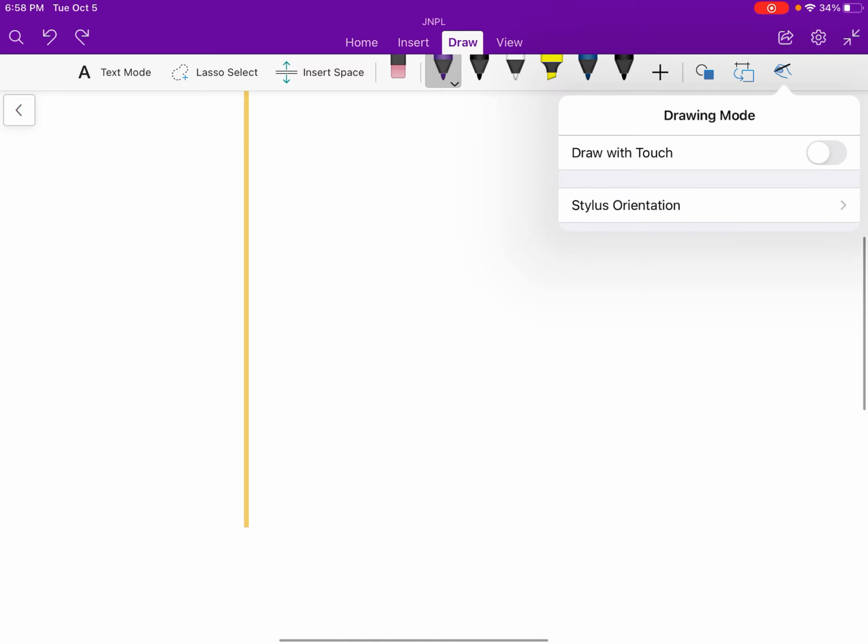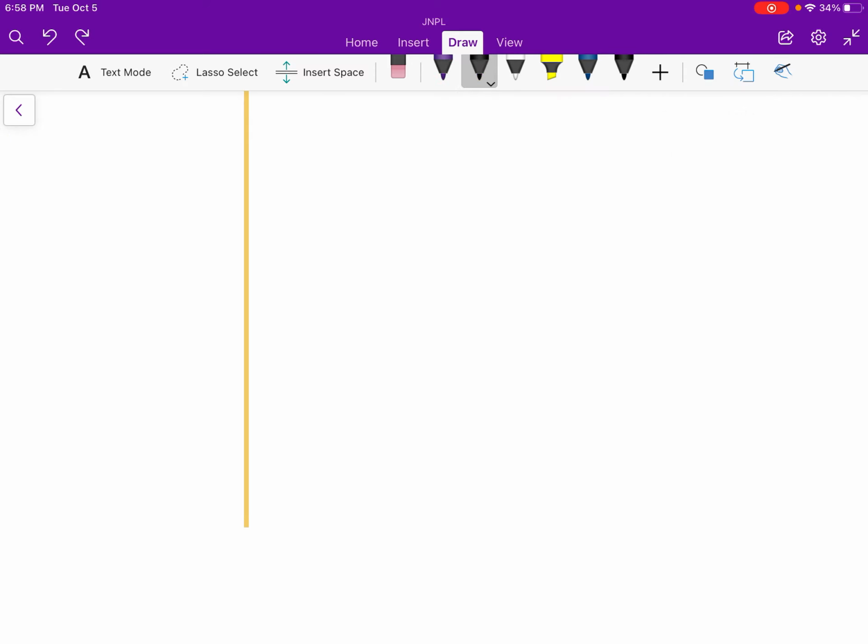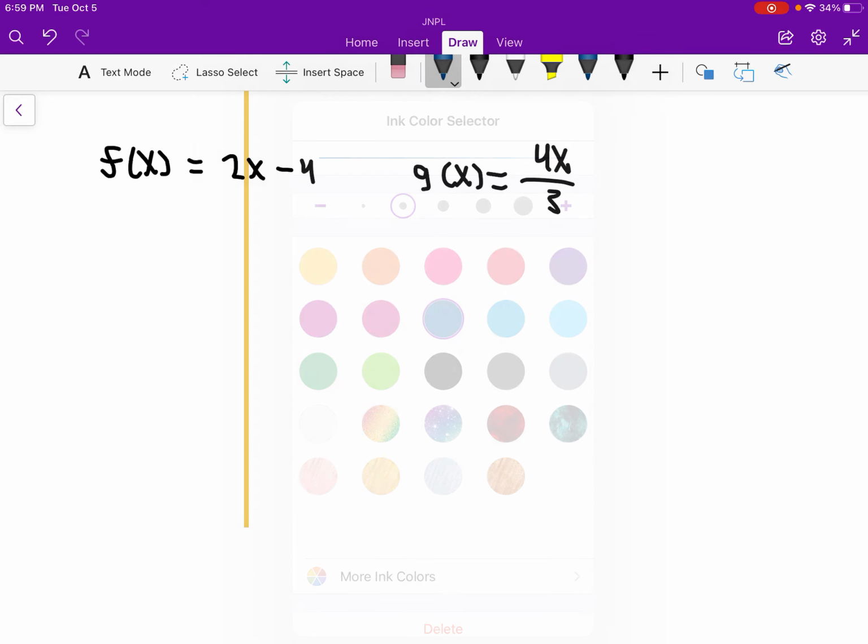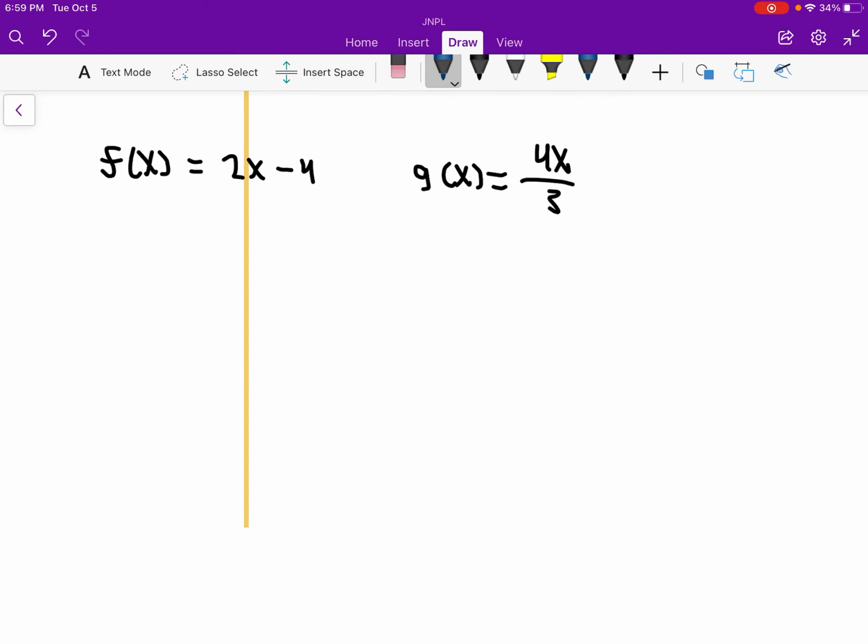We could take another example. I'll make up functions and let's just say f of x is 2x minus 4 and g of x is 4x divided by 3. Okay, let's see if these are inverses. The blue way: switch x and y. So this is y, remember?